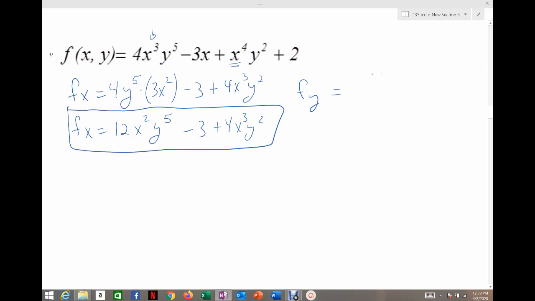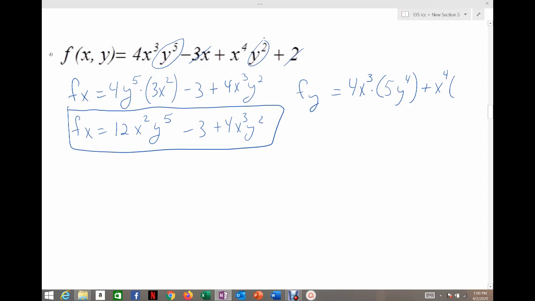Now my derivative with respect to y. Y is a little easier. Not a lot, but a little, right? Because this will zero out, that'll zero out. And so I take the derivative of this one with respect to y. The 4x cubed comes along. Derivative of 5y is 5y to the fourth. Zeroes out. X to the fourth comes along. I take the derivative of y squared, right?